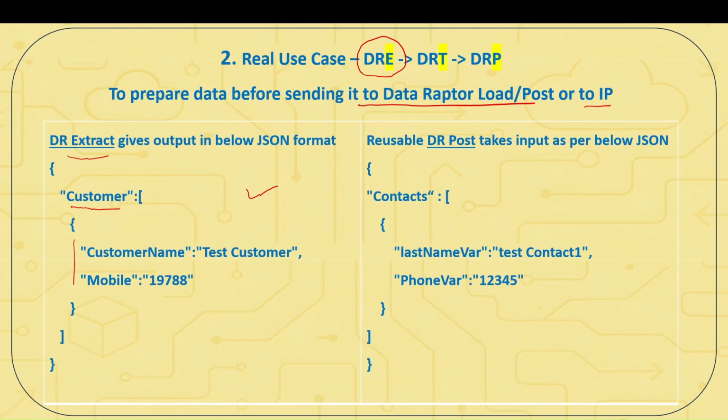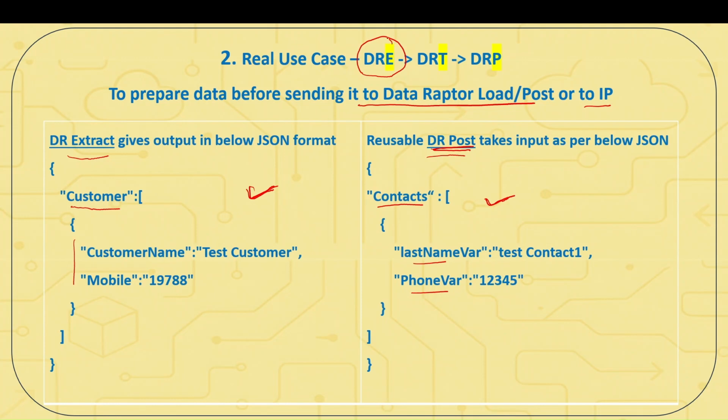We do have an already existing DataRaptor post which takes input in this format. What does the format say? DataRaptor post takes contact node with these two values, last name variable and phone variable. But we do have it in this format. If we want to reuse this DataRaptor, then we need to match our input with this required format of DataRaptor.